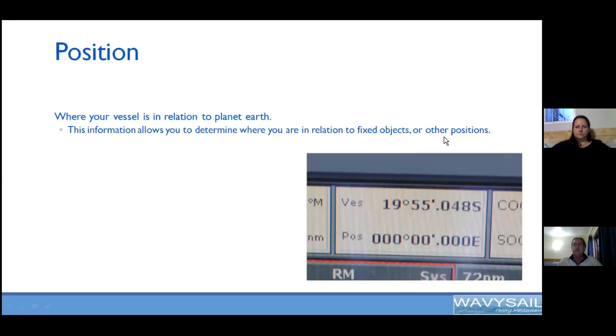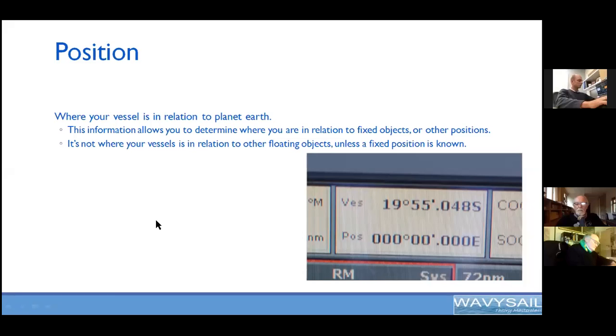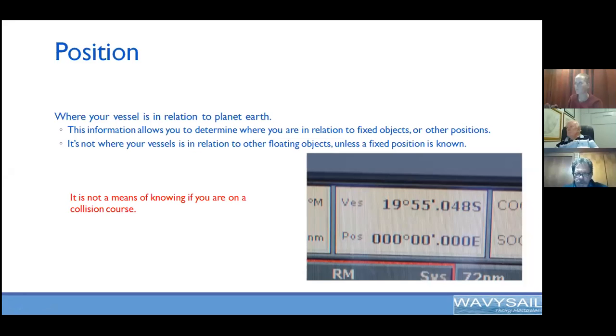This information allows you to navigate to fixed objects and other known positions. It is not really relevant to other floating objects unless that is a fixed, known position. So we're talking about actual position, and it has nothing to do with collision or course or COLREGs. It's just where you are. What you do with that information is then up to you.